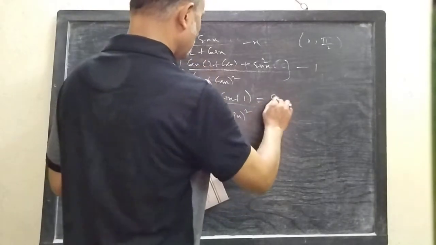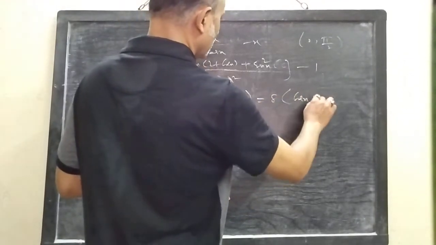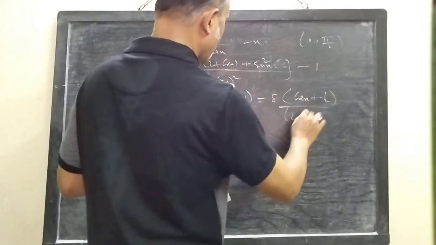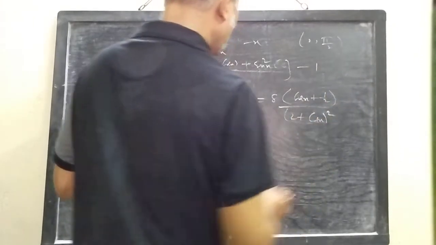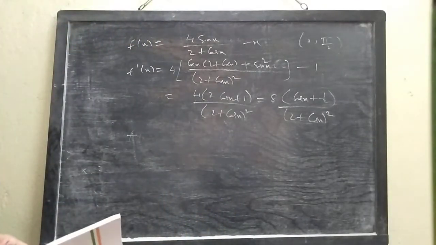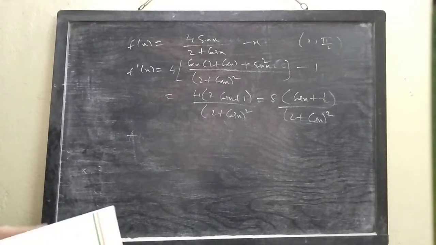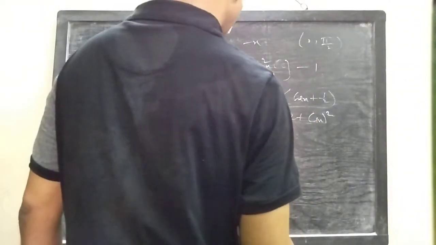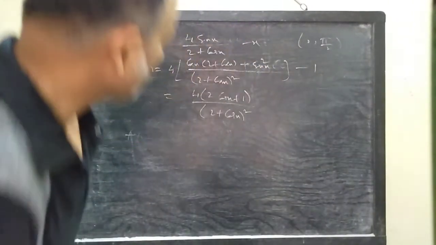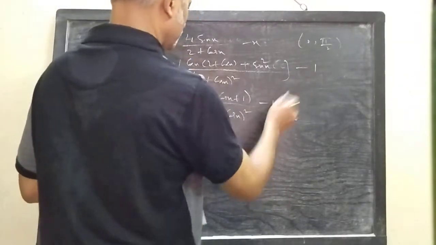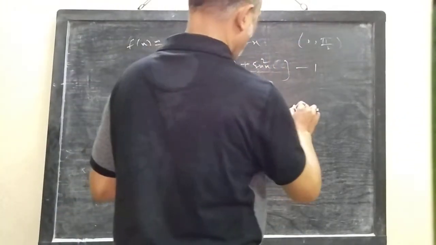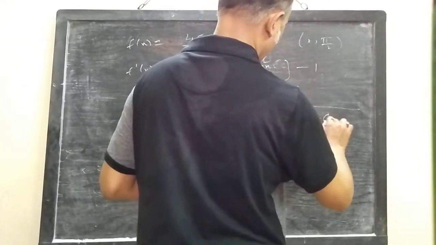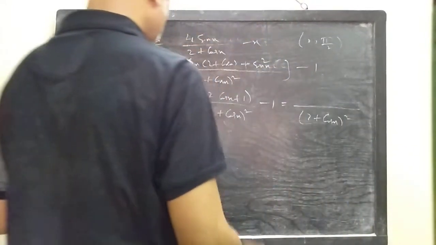Take 2 common outside, 8 into (cos x + half) by (2 + cos x)^2. Oh, this minus 1 is missing. Here is minus 1, over (2 + cos x)^2.